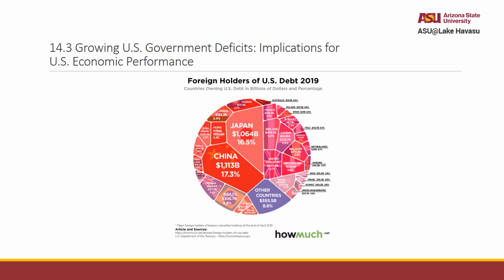Now, we'll talk about the growing US government deficits and what the implications are for US economic performance. Many economists argue that it is no accident that foreign residents hold a large portion of the US public debt.